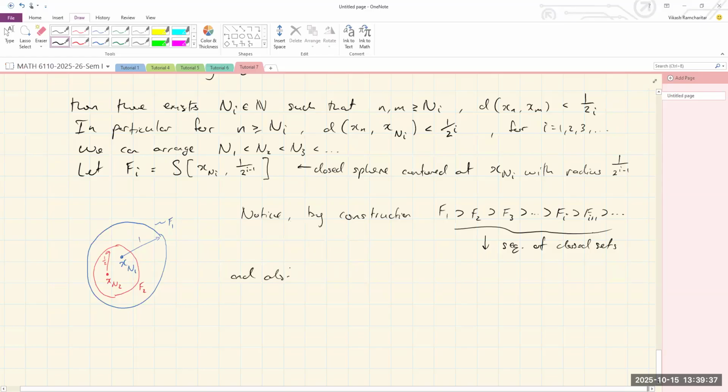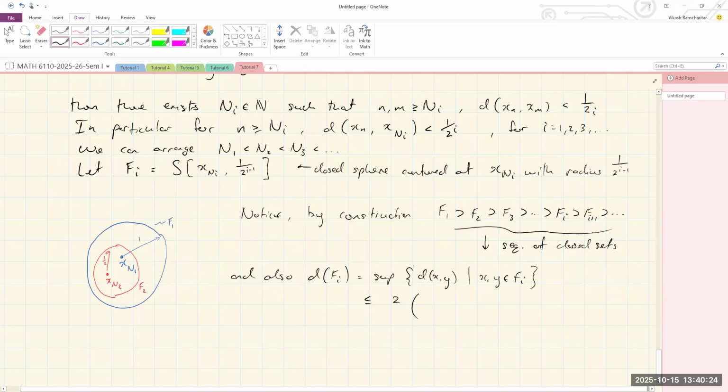And also the diameter of each Fi, which we know is the supremum over the distances between x and y, where x and y come from Fi, is less than or equal to 2 times the radius.